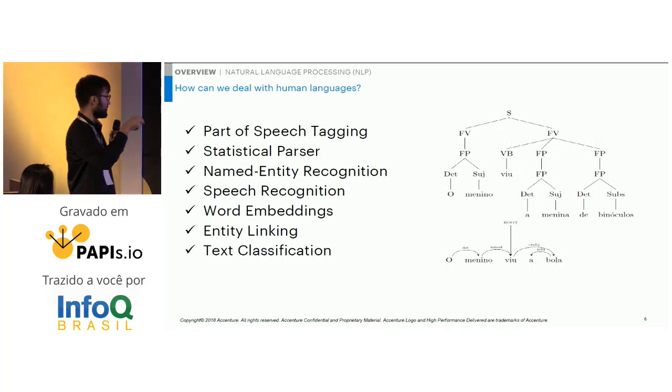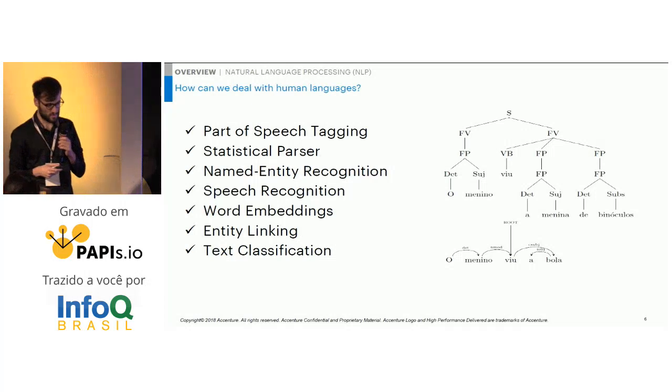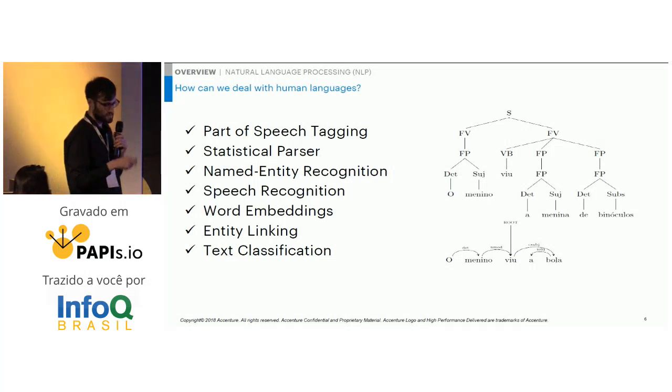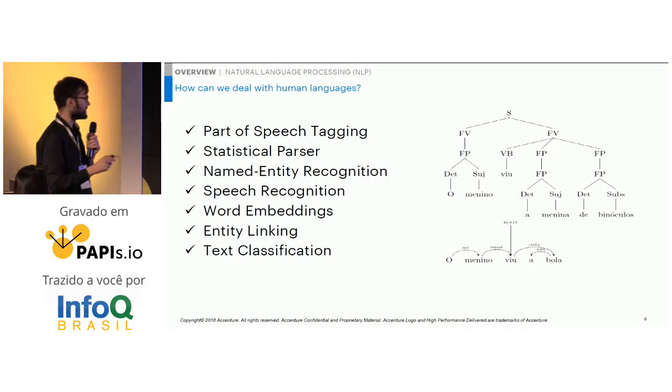Something very important is statistical parsing. Parsing is probably the most important task in natural language understanding because you can construct these compositionalities here.